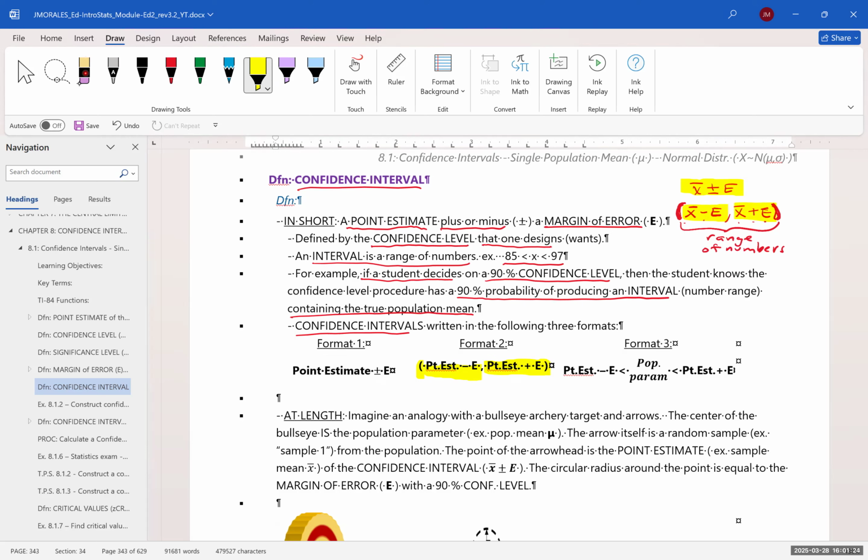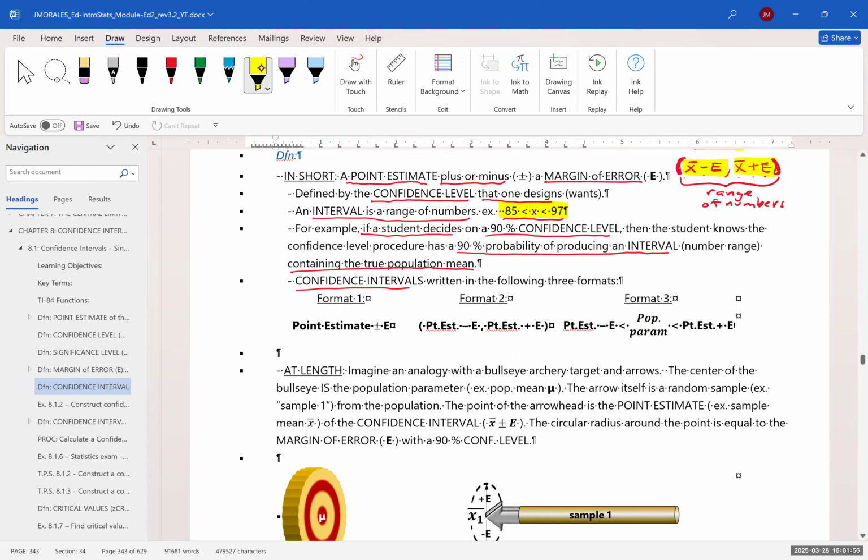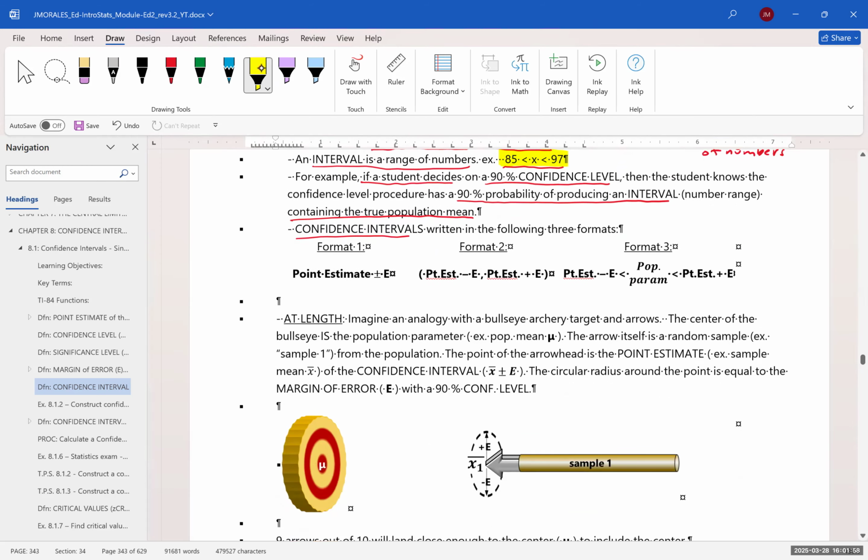And the third way is to have the population parameter in the middle and say that it's greater than the point estimate minus error and less than the point estimate plus error. So there are three different ways that you could express a confidence interval. And that's the short of it all.